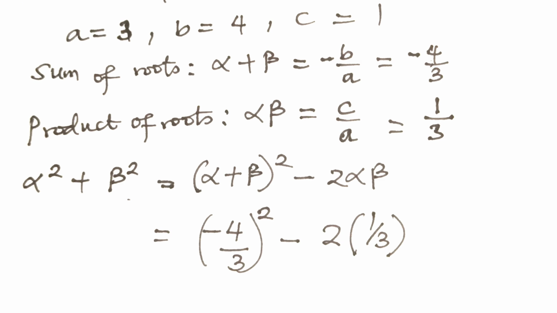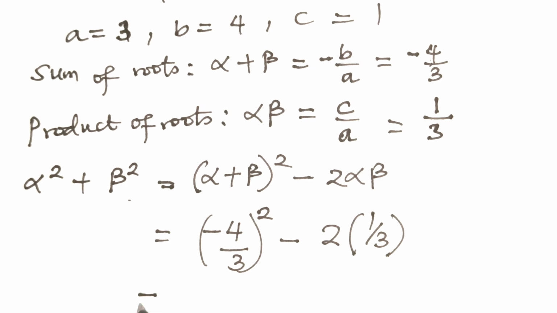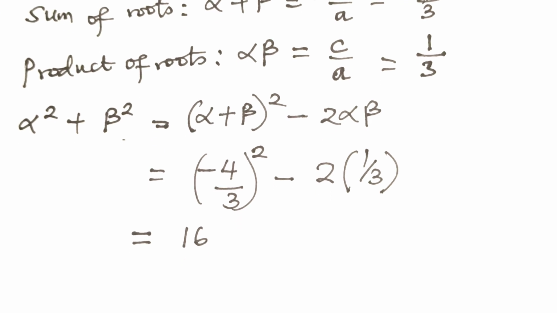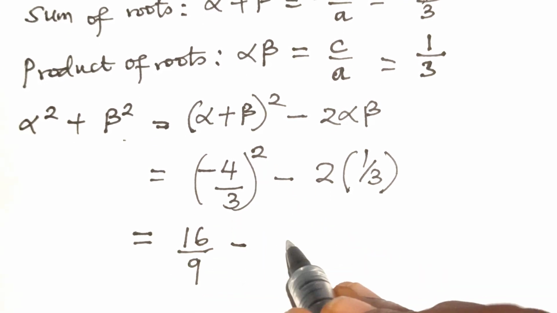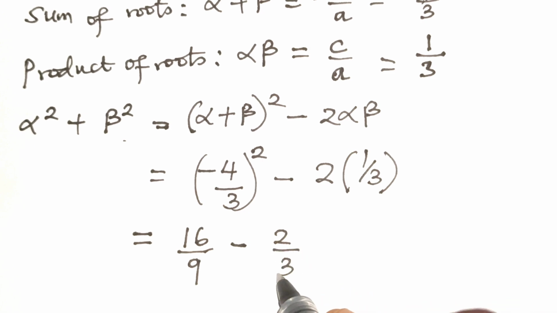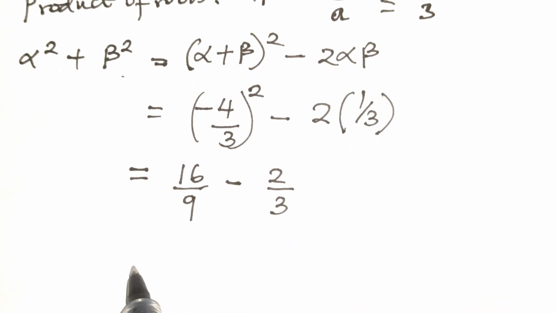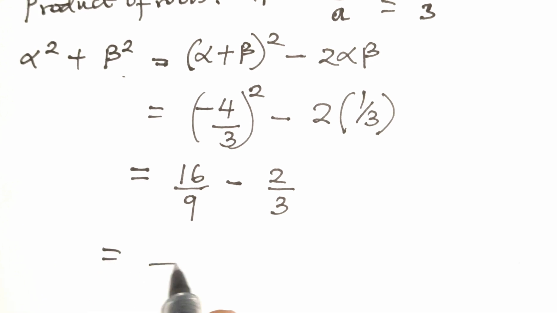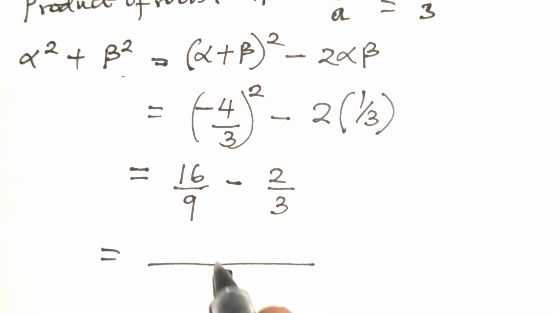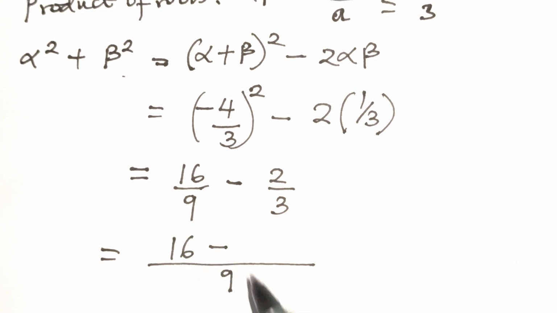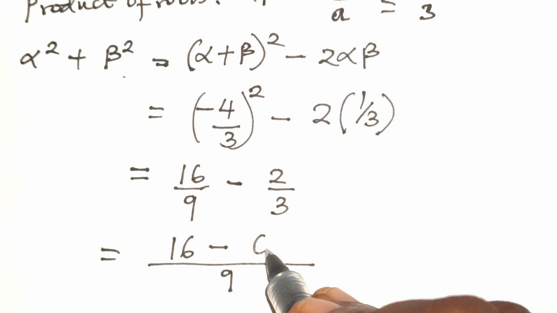So that will give us 16 over 9, I'm taking the square, minus 2 over 3. So if we add, LCM is 9. 9 into 9 is 1. 1 times 16 is 16, minus 3 into 9 is 3. 3 times 2 is 6.